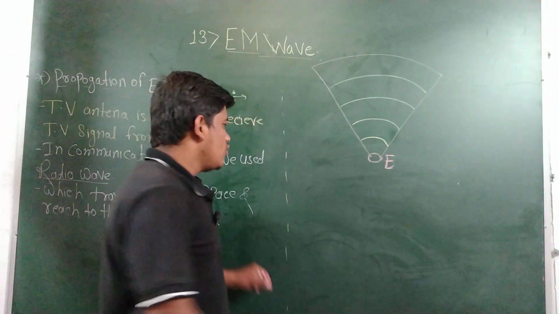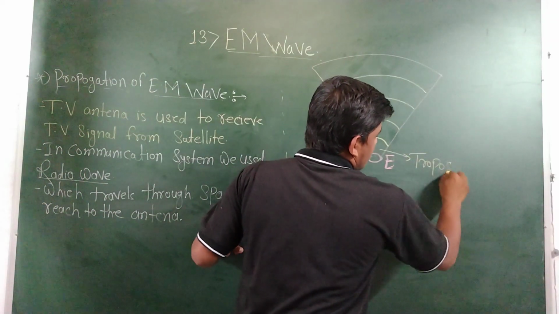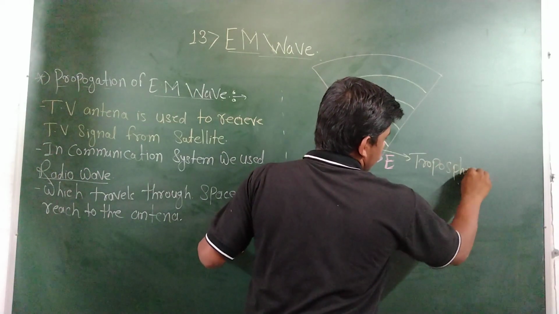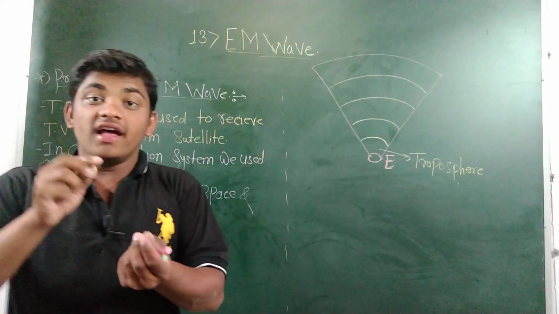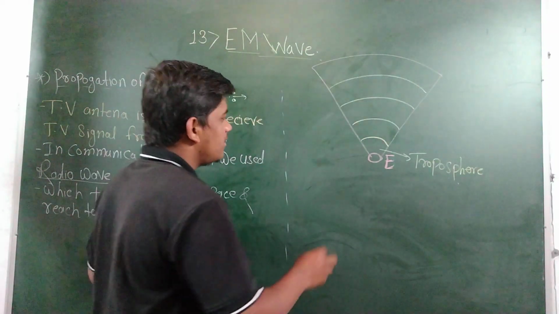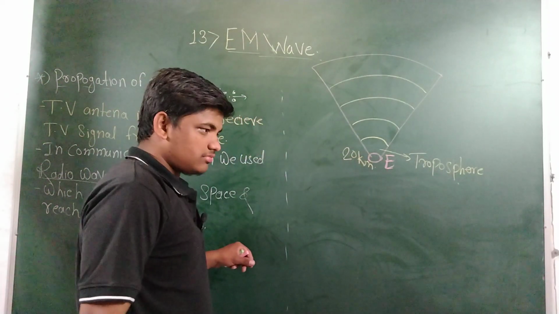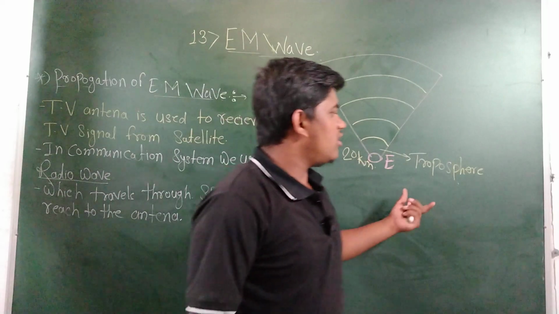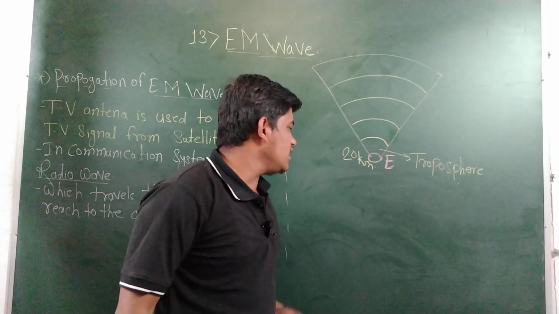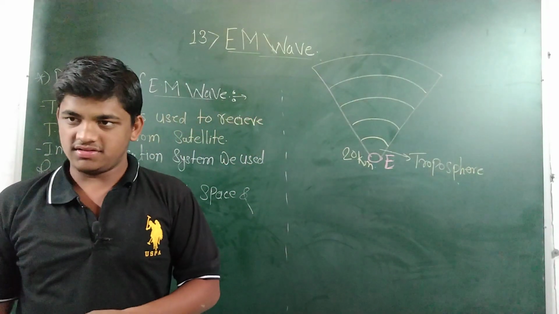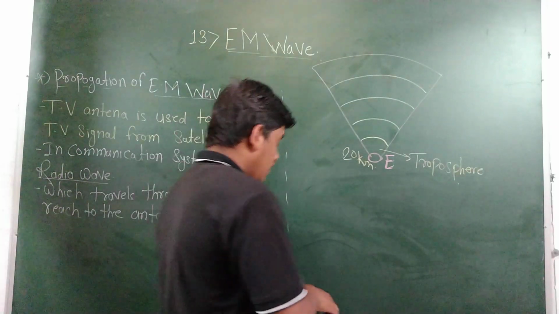First we know the troposphere. The range, or thickness, of the troposphere is 20 kilometers. A lot of MCQs are discussed here. After 20 kilometers, the different layers start.